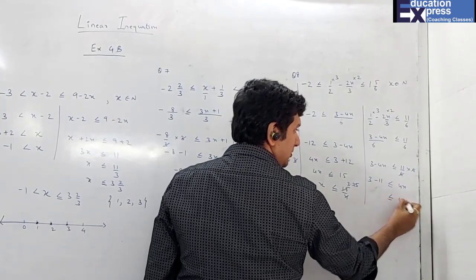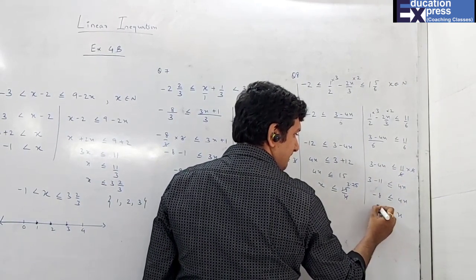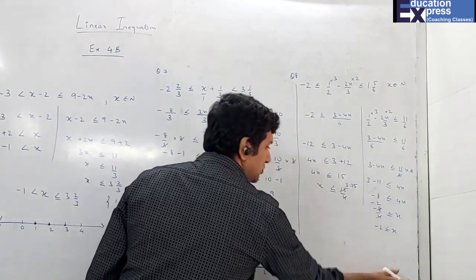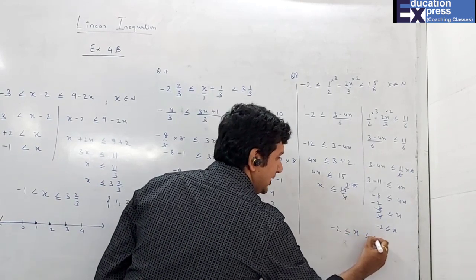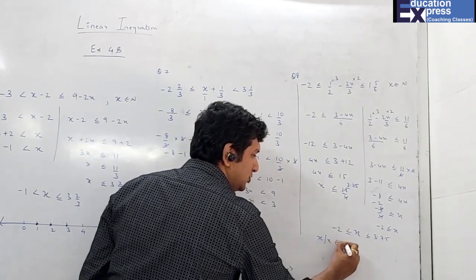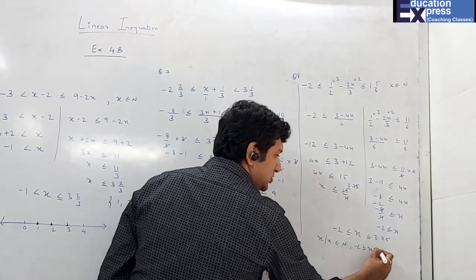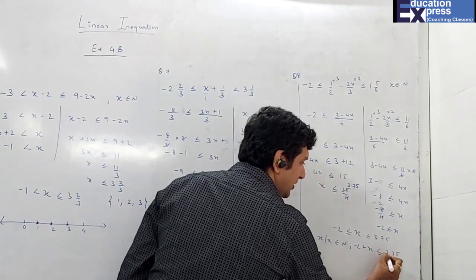So minus 8, so x is more than or equal to minus 2. So x at the center, more than or equal to minus 2 and less than or equal to 3.75. If I want it in set builder form, it belongs to natural numbers, x is more than or equal to minus 2 and less than or equal to 3.75.